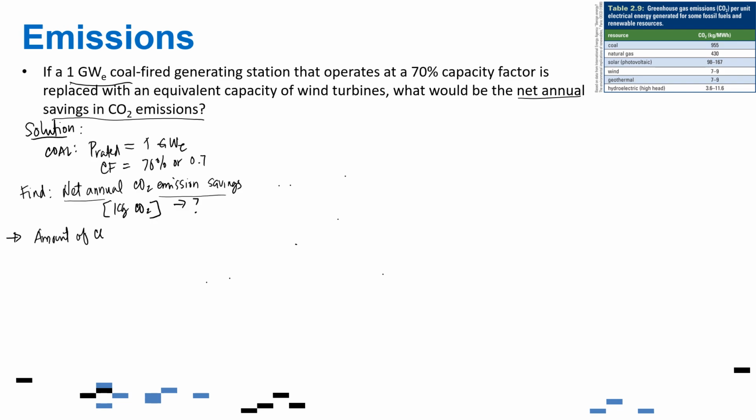The amount of CO2, in terms of kilograms, can be calculated by knowing the actual total energy produced times the CO2 emission per unit electrical energy.